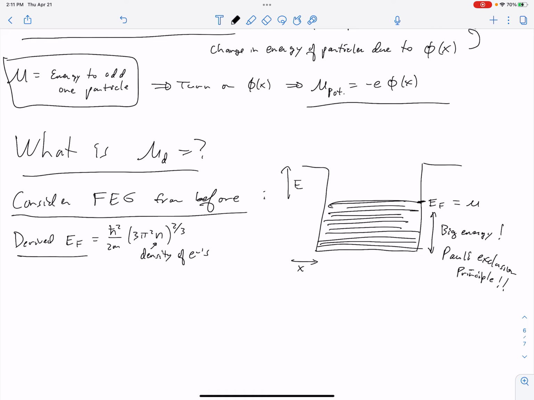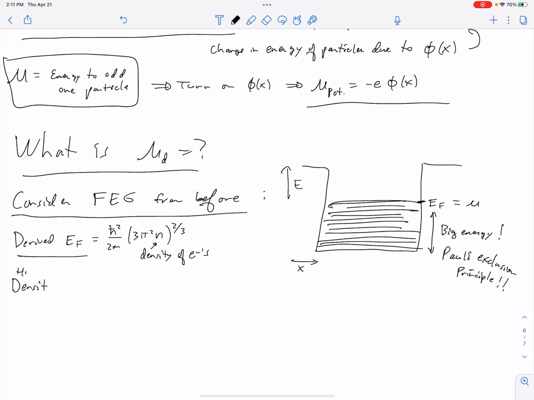Because when we fill the metal up with electrons, we can only put 2 electrons in every state, spin up, spin down. And so the electrons go higher and higher in energy because of the Pauli exclusion principle. And so it's the density.